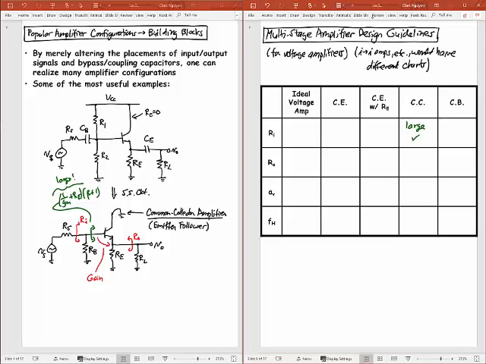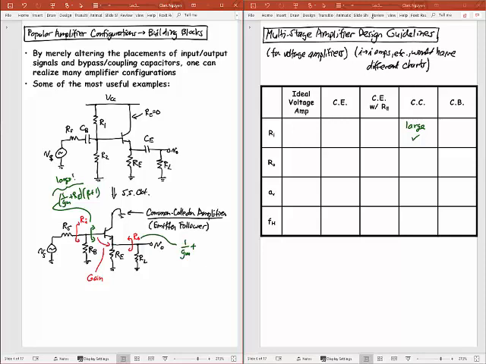Check mark means good. Large is what a voltage amplifier likes for input resistance. Now I can look at my output resistance, which is looking up into the emitter of this transistor. Remember, that's equal to 1 over gm.